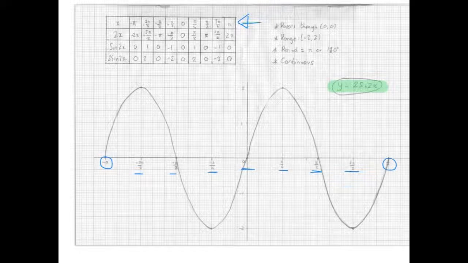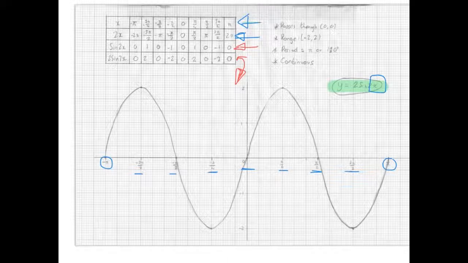So then, to get the 2x inside, I need to multiply all those values by 2, which I do here. And then I need to get the sine of those values, which I do here. And finally, I multiply everything by 2 to get this graph down here, or the values for this graph.